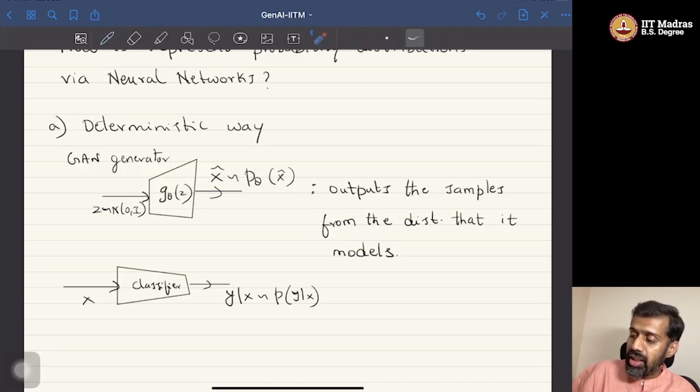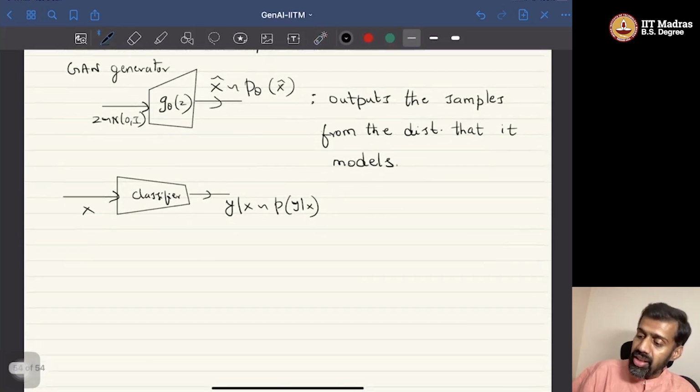It will give you a class label y conditioned on the input x. So the output of this classifier can be seen as a sample from the distribution p of y given x it is supposed to model. These are the ways where neural networks are used to implicitly model the probability density function: they basically give you samples from the distribution, but not the distribution itself.